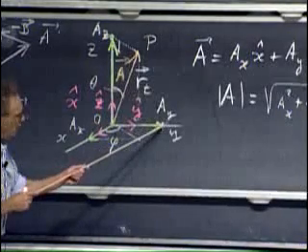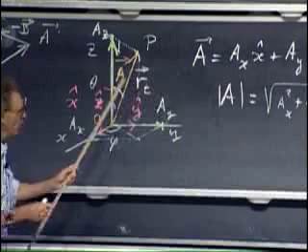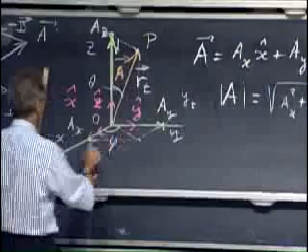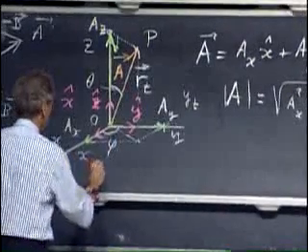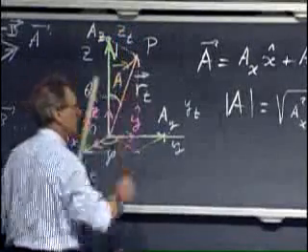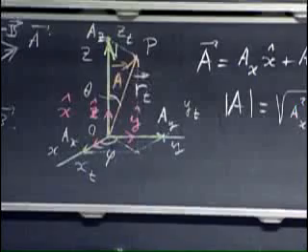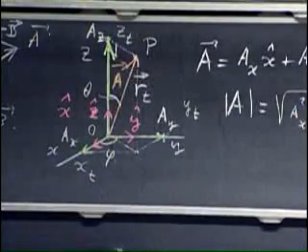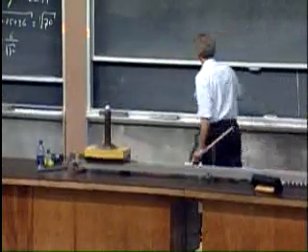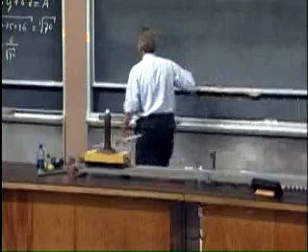I call this location X of T. It's changing with time. I call this Y of T. It's going to change with time. And I call this point Z of T, which is going to change with time, because point P is going to move. And so I'm going to write down the vector R in its most general form.